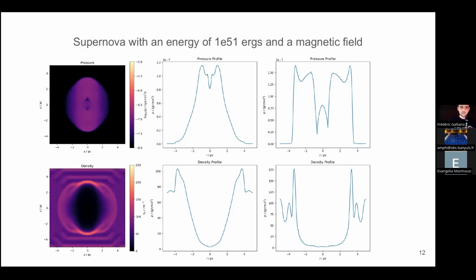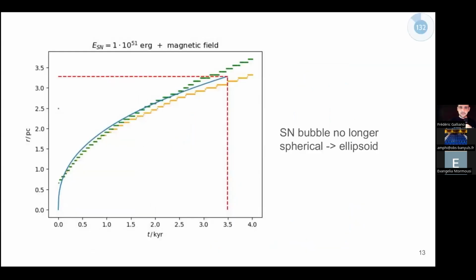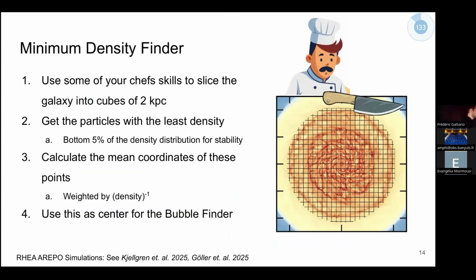Basically what's going on is it more easily expands along the field lines and it's suppressed perpendicular to the field lines. We can also see that in this plot, where the green points are along one axis and the yellow points are along the other axis. As you can see, it's no longer spherical and instead it's becoming ellipsoidal.